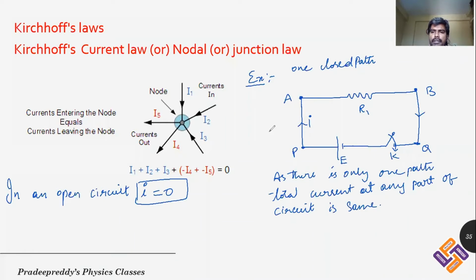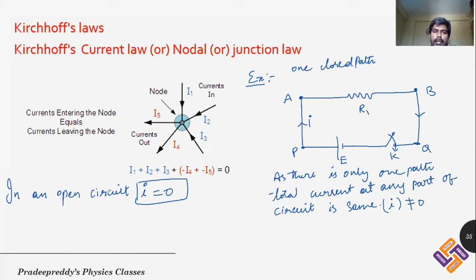There is no division of current. Current at P, A, B, Q, everywhere, as there is only a single path. Charge which is flowing at P, same charge will be flowing at A, B, and Q. Therefore, everywhere charge flow will remain the same, and everywhere current will remain the same, and that current I call I, which is not equal to 0 in this circuit.